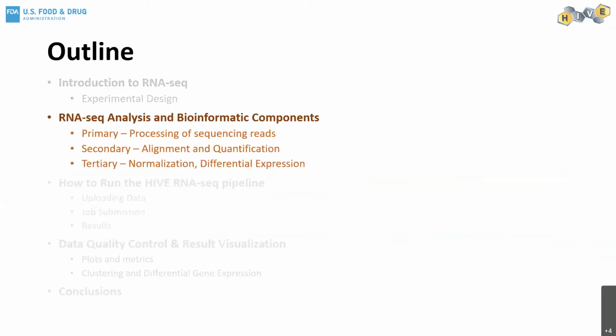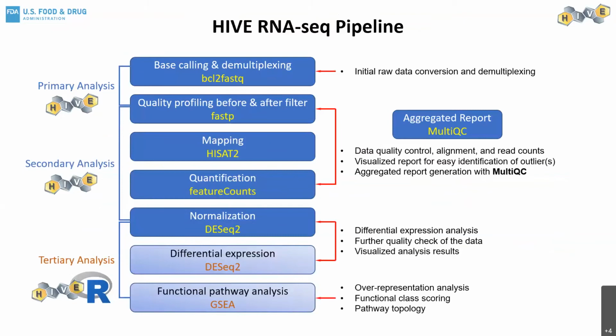Next, I will start talking about the different bioinformatic components of the RNA-Seq analysis. Here, I present the RNA-Seq pipeline that we have, divided in three main components: primary, secondary, and tertiary. I will visit each step of the pipeline and give more information on the next slides.